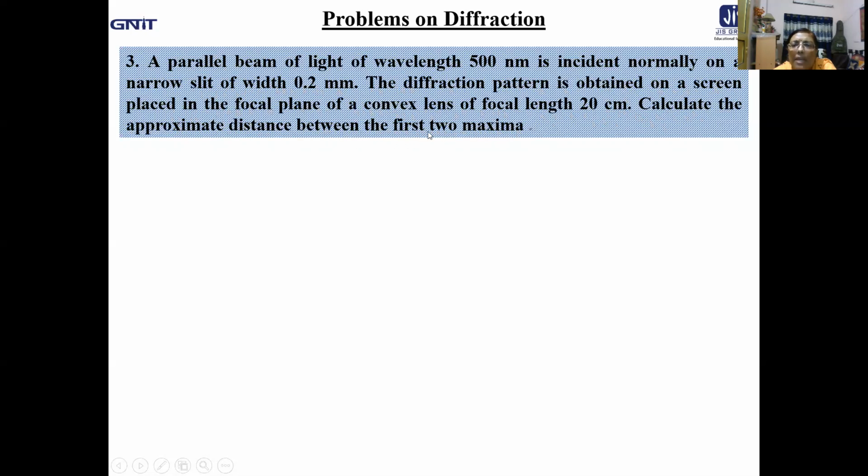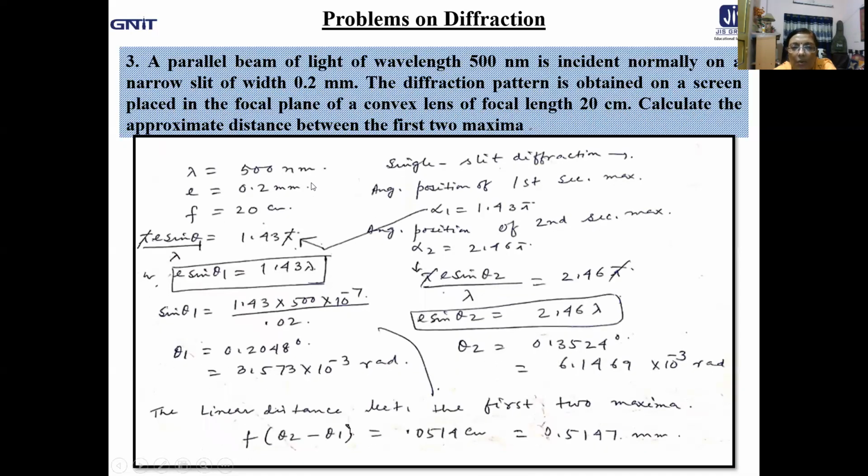What about that first two maxima? What do we mean by that? Look here. In case of a slit, when we are talking about the first two maxima, we are talking about the secondary maxima, because the primary or principal maxima has a separate status and normally it is always mentioned as principal maxima.